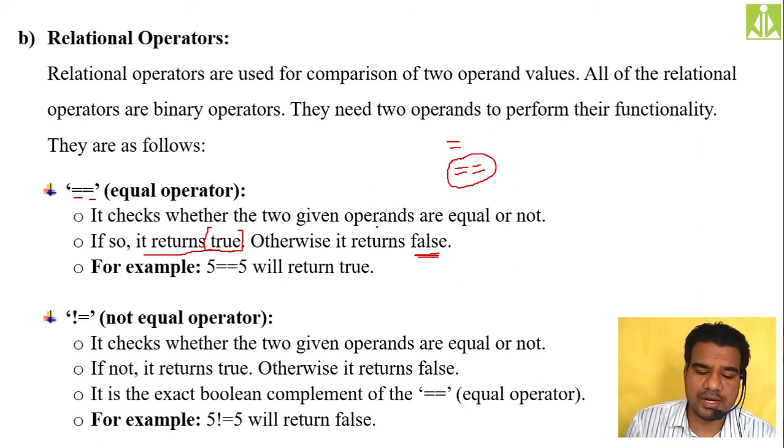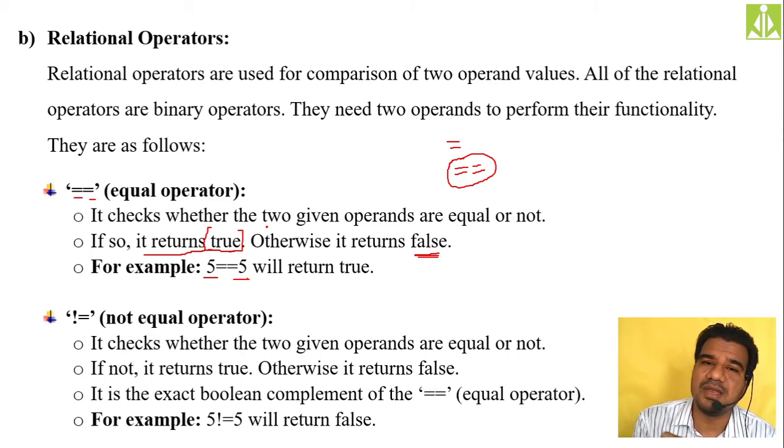So for example, in this particular expression, we are checking the equality of two literal constants. Here I am keeping 5, 5. What is this 5? To represent the count, we are not specifying a variable or a name over there. Directly we are keeping the number over there.